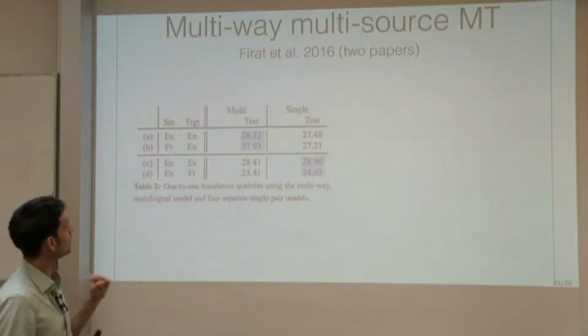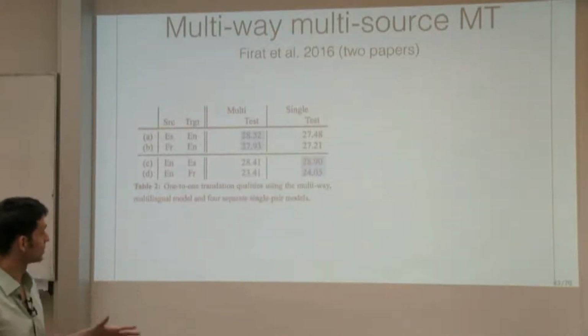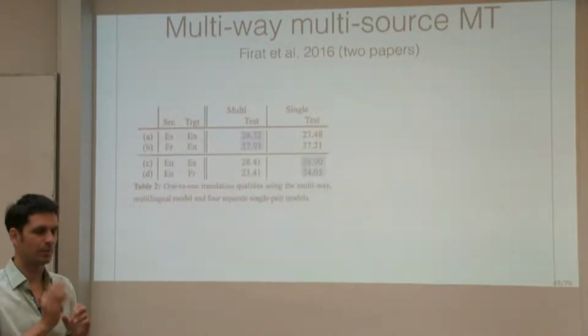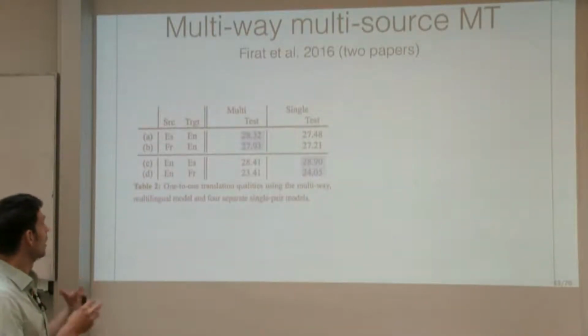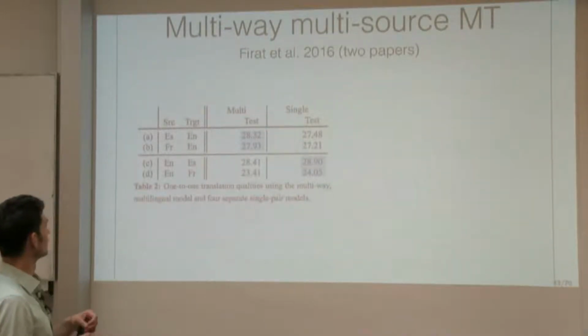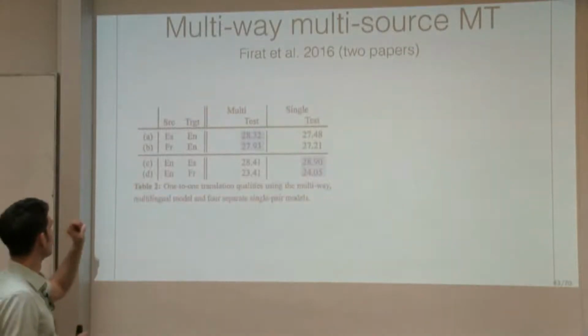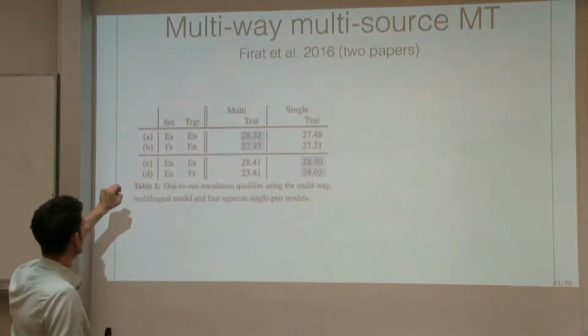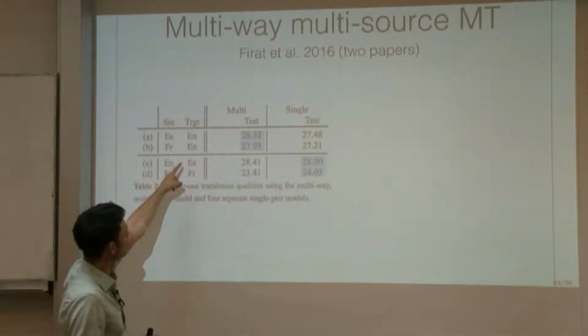Okay, so what were the results? This is the multi-way and multi-source setup. It is training on independent pairwise corpora across many languages, and you are translating from Spanish into English or from French into English.